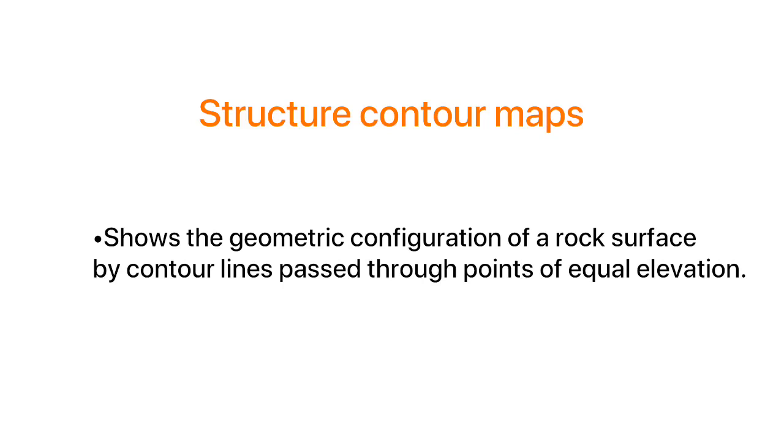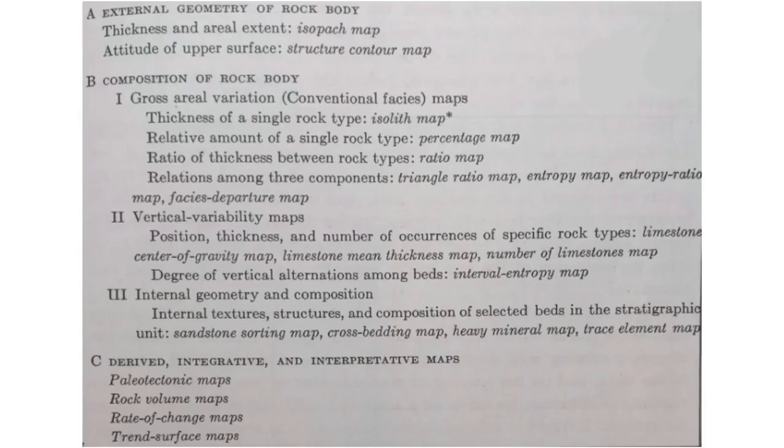So you can note the difference between the isopach map and the structural contour map: the structural contour map is based on equal elevation, while the isopach map is based on equal thickness.